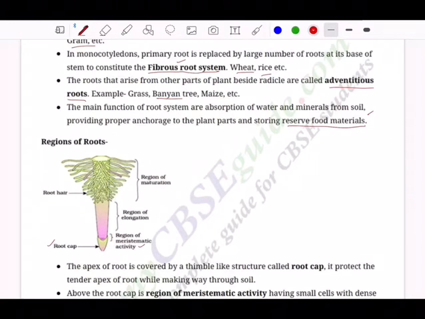Meristematic tissue grows throughout life. That's why plants grow throughout life, whereas human beings grow only for a certain period, at most 18 to 21 years. After that our growth ceases.